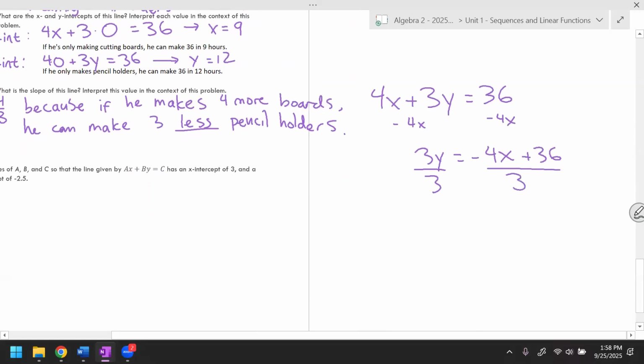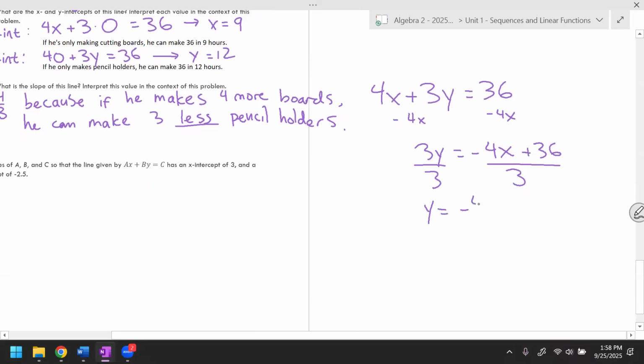Right? y would equal negative 4 thirds x plus 12. Oh, hey, look, there's the y-intercept again. Okay, good. And what's the slope of that line just looking at it? Negative 4 thirds, right? It's there in the equation. So that's another way to get the slope. You could think of the situation, or you could just algebra it out.